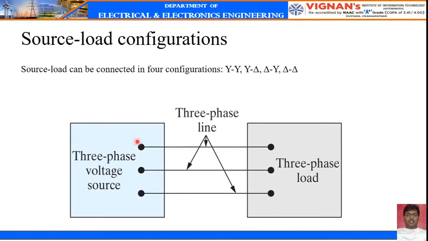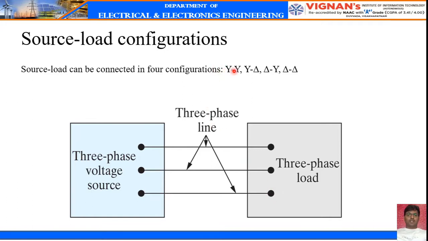So here this is the three-phase voltage source, here the three-phase loads, and these two are connected by some three-phase line. Terminal A of the source will be connected to terminal A of the load, terminal B of the source to terminal B of the load, and terminal C of the source to terminal C of the load.